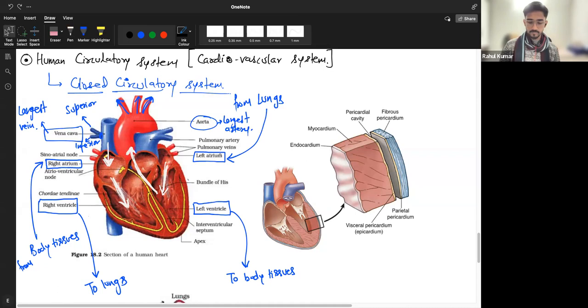To get oxygenated. Which means before going into the lungs it was not oxygenated, or it was, what happened? Deoxygenated. It got deoxygenated. Where and how?